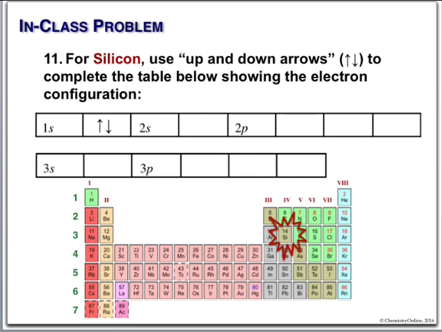Again, it's full with 1 up, 1 down. Now the P block here is also full, and we have 1, 2, 3, 4, 5, 6 electrons in there. They're going to be paired as up-downs, and they'll look like this.